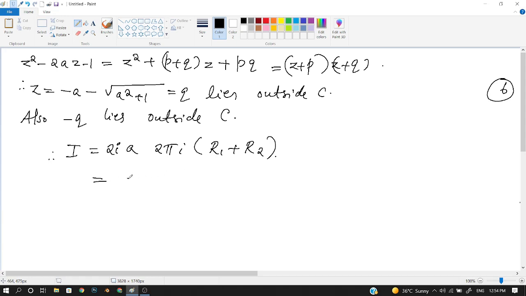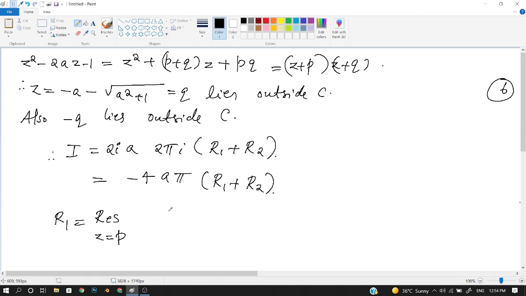So this is equal to minus 4a pi into r1 plus r2. So here we have, what is r1? r1 is equal to the residue at z is equal to p.